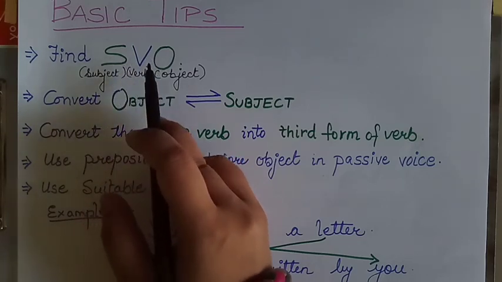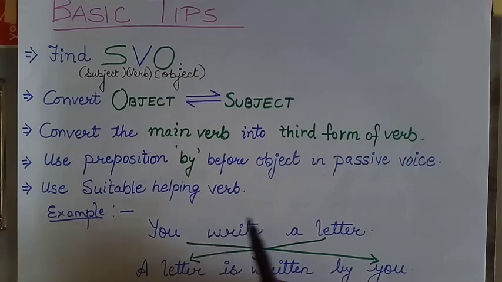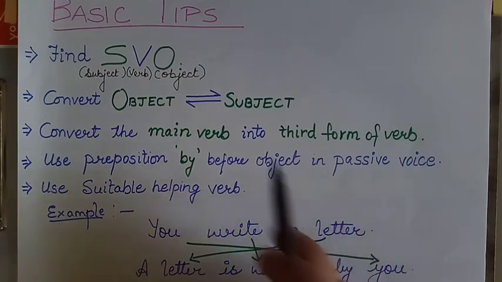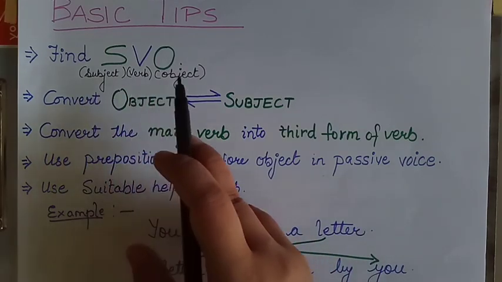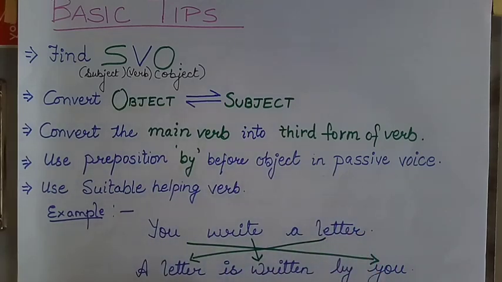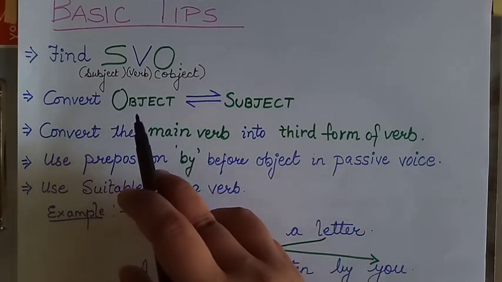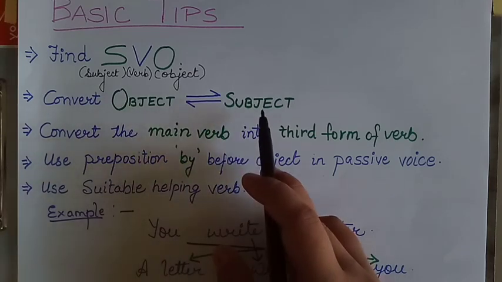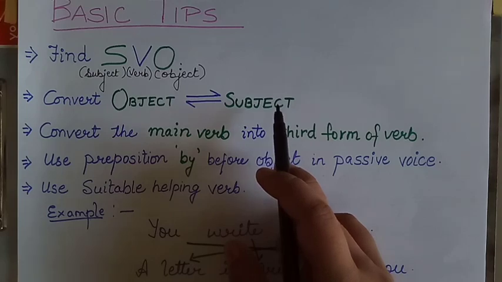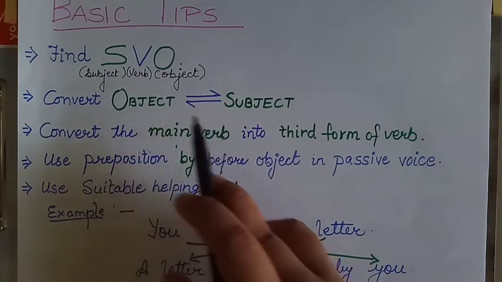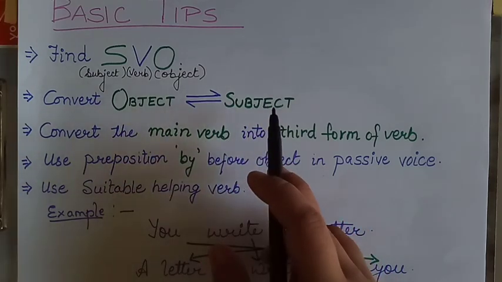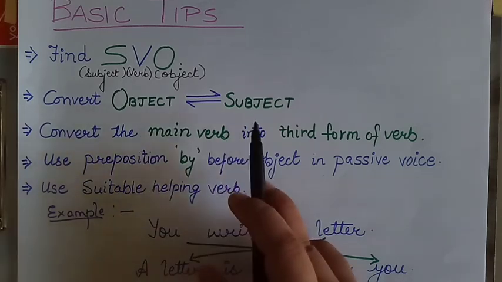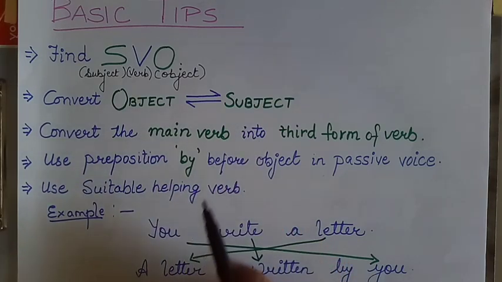Subject, verb, and object. You must identify the subject, verb, and object in any particular sentence. After that, you will convert the object of the active voice into the subject of the passive and vice versa. So the object will be the subject and the subject will be the object from active to passive.